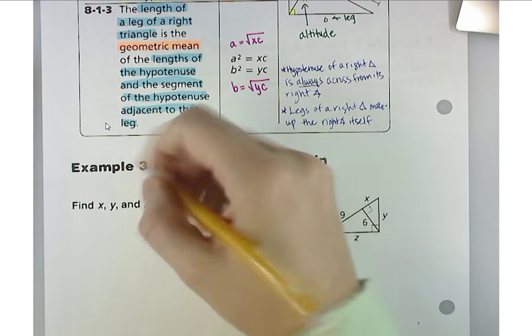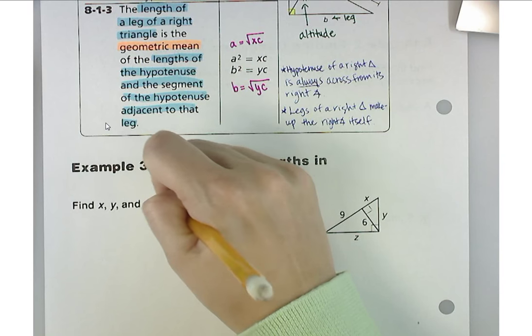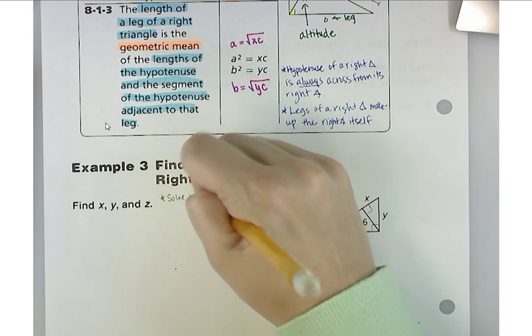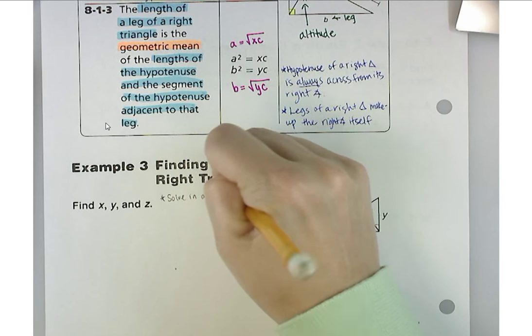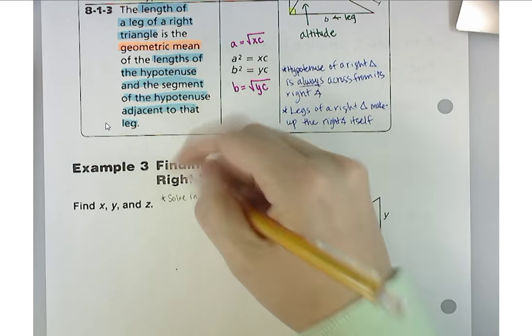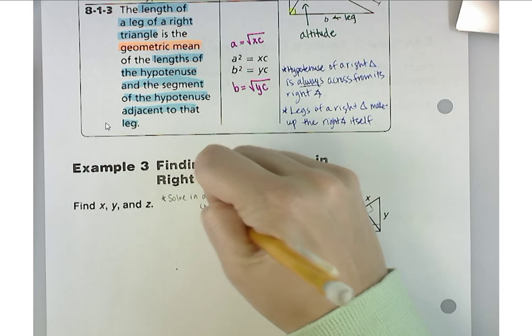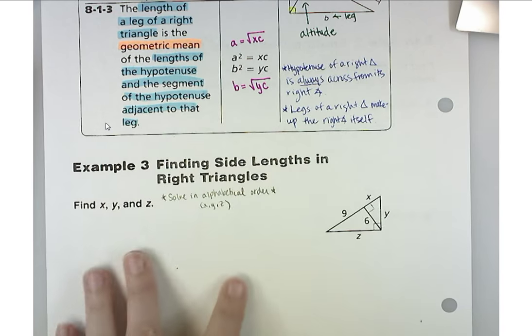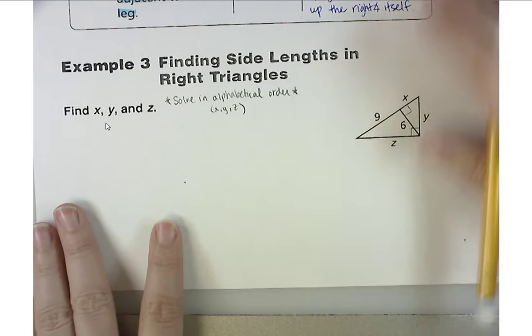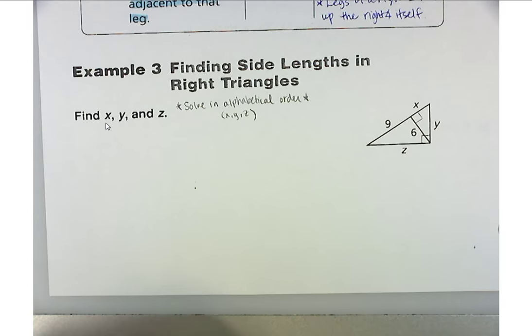So for this, we're going to solve in alphabetical order, which in this case is X, Y, Z. All right, so the first thing that we're going to try to do is find X.